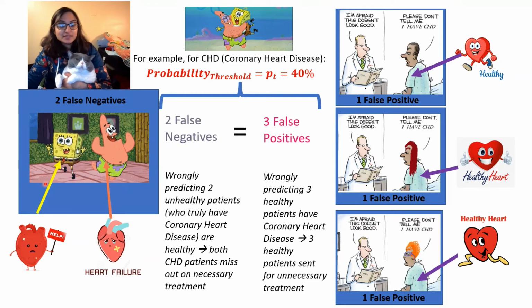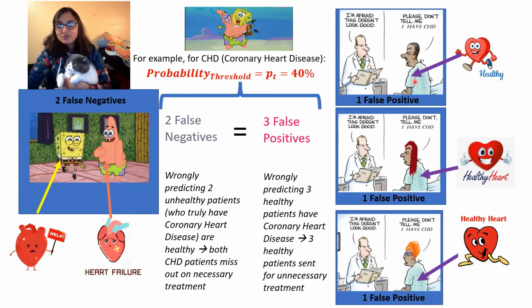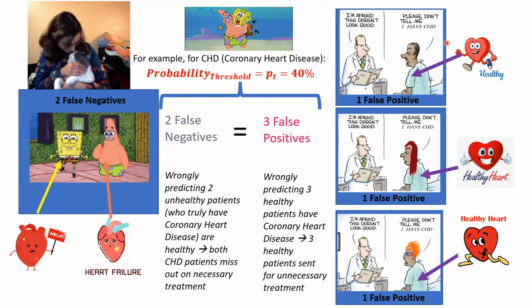So making this mistake for both of these patients here, wrongly predicting that they're healthy when they're not, is the same as, or even worse than, 3 false positives. And in the false positive situation, we are wrongly predicting that 3 patients who actually have healthy hearts have heart disease. I know that's a very sad disease.